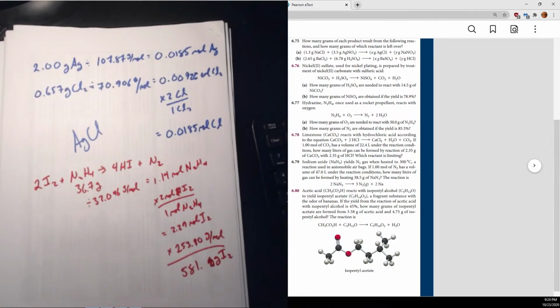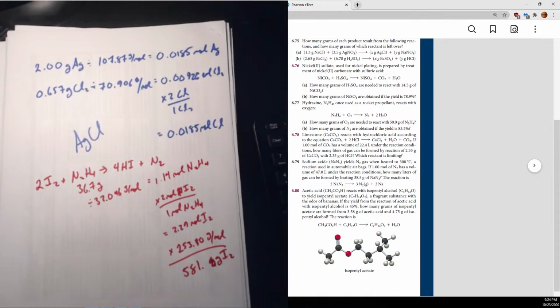Yes, they do. How many grams of hydroiodic acid are produced from the reaction of 115.7 grams of hydrazine with excess iodine?